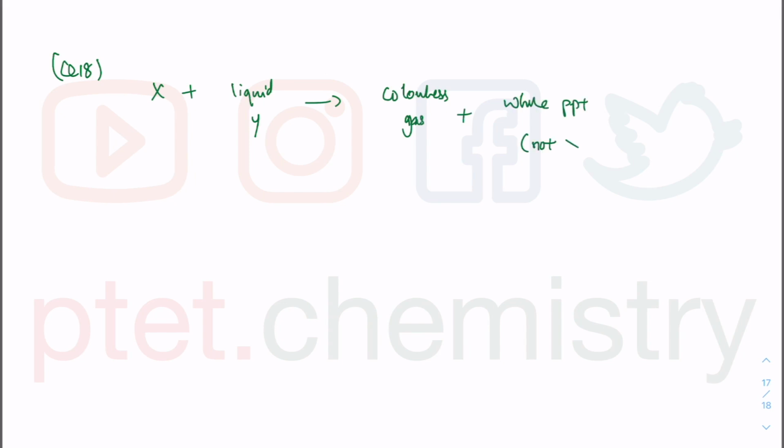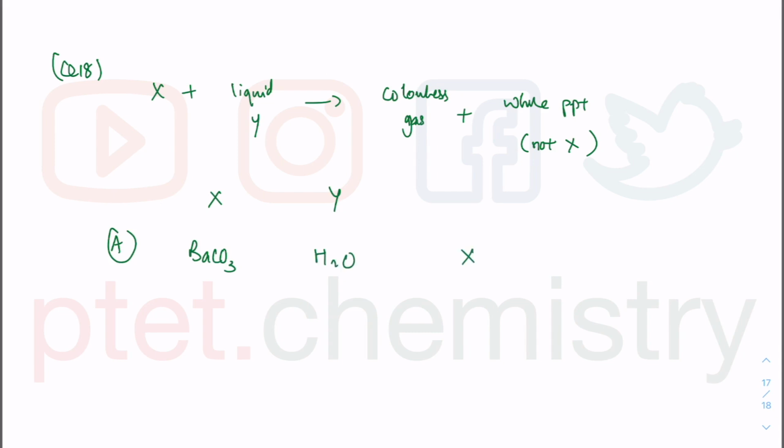Number 18. What do we have here? These are practical chemistry again. We have X placed in excess of liquid Y, and we get a colorless gas. So X plus liquid Y, we get a colorless gas, we get a white precipitate, and this white precipitate is not X. Okay, let's have a look at X and Y. For part A, there's barium carbonate and there's water.